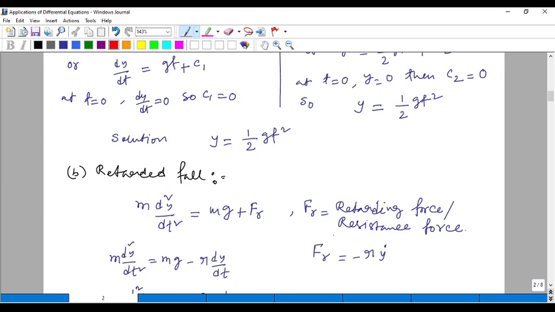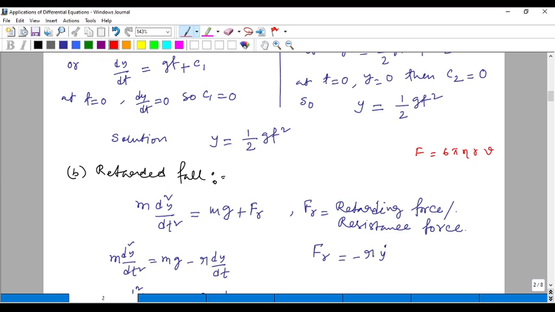This resisting force can be written as fr equal to minus r y dot. So this resistance force depends on the velocity of the object. We know from Stokes law that the viscous force acting on a spherical object of radius r is equal to 6 pi eta rv, when the body is moving through a viscous medium with a speed not so large.